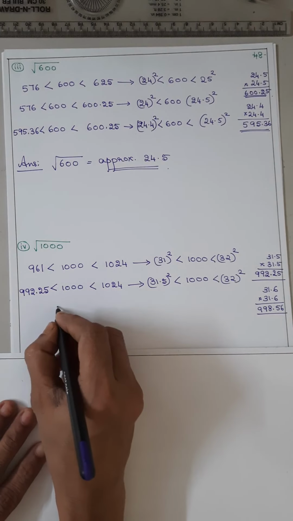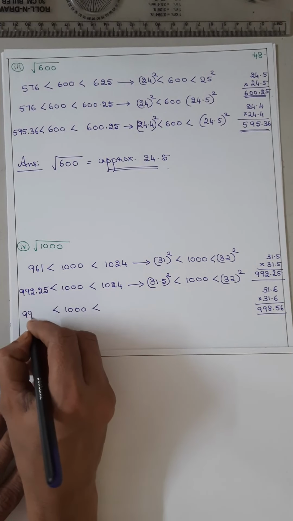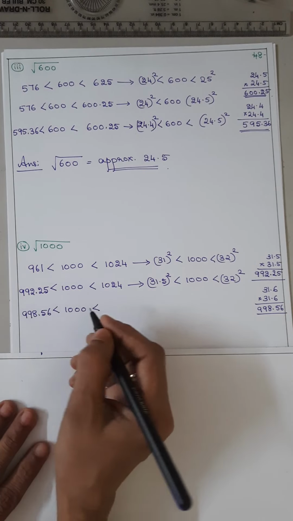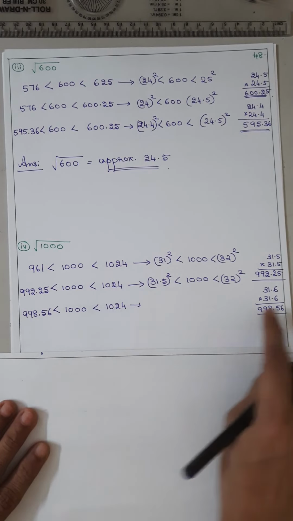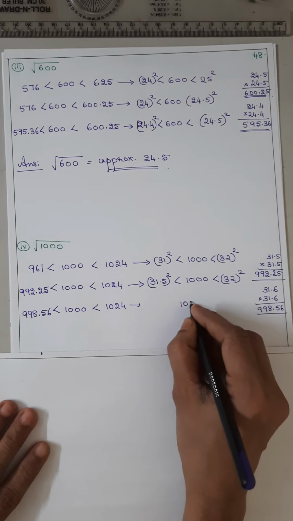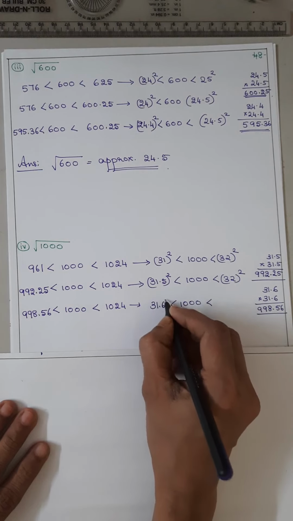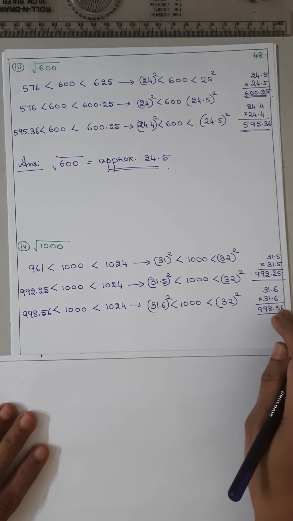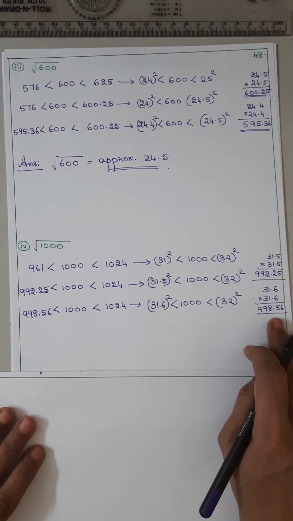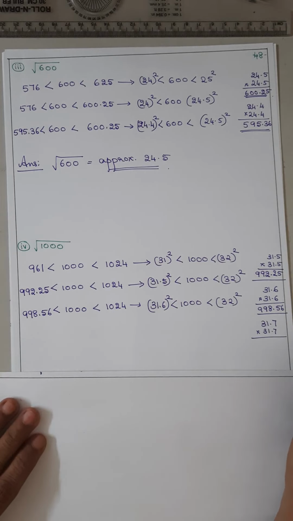Okay, so 31.6. So 1000 is between 998.56 and 1024. That means 1000 is between 31.6 square and 32 square. Now it is almost near, so check for 31.7. और एक नंबर बढ़ाओ, और एक डिजिट, डेसिमल डिजिट है ना.